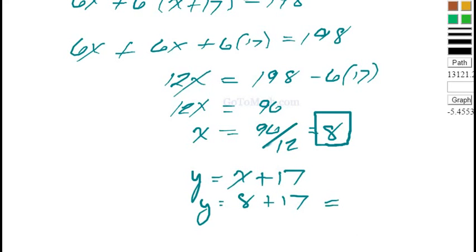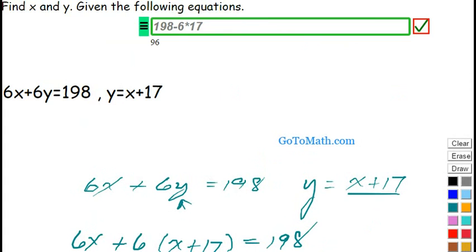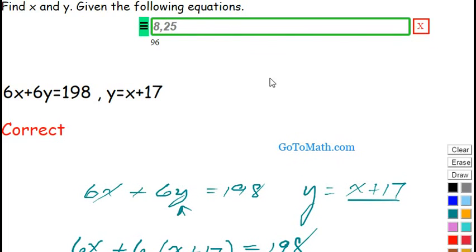And so there we go. We found the two solutions, 8 and 25. Now up here in the box, they wanted us to put in the x first, comma, and then the y. Correct.